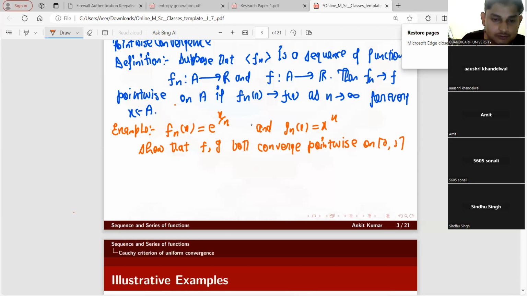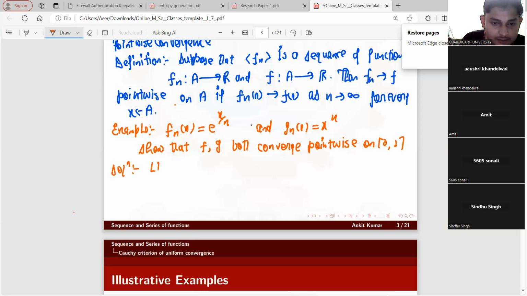So what is the solution of this? Here two sequences of functions are given: Fn(x) is equal to e to the power x by n and gn(x) is equal to x to the power n. So that f, g both converge pointwise on [0, 1].